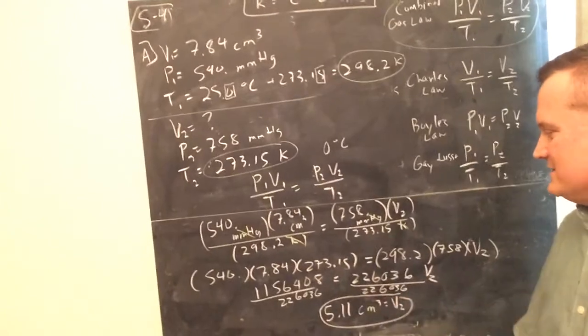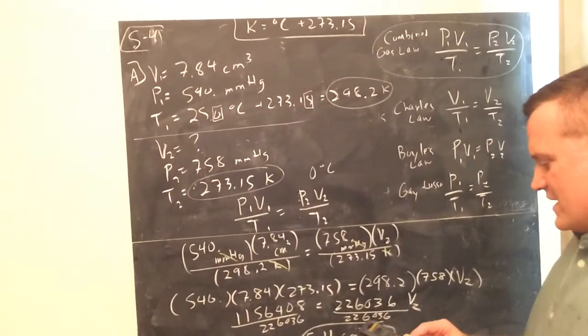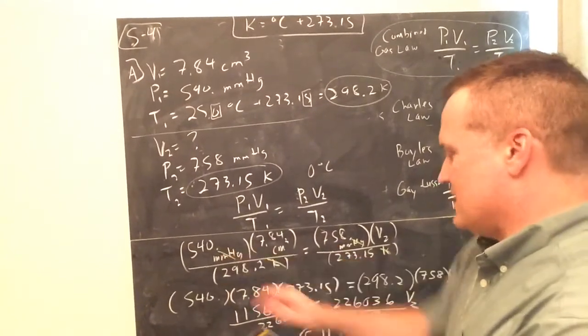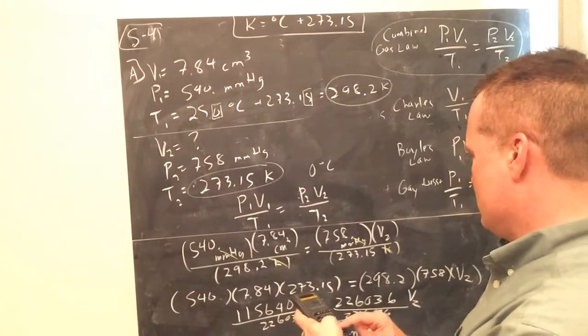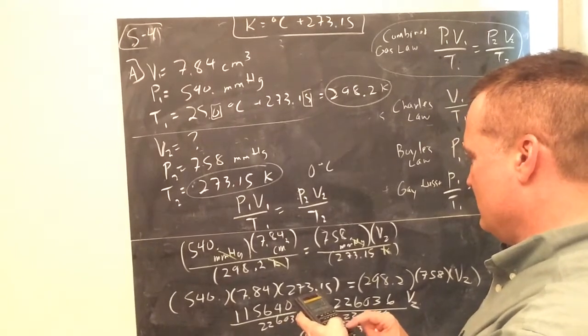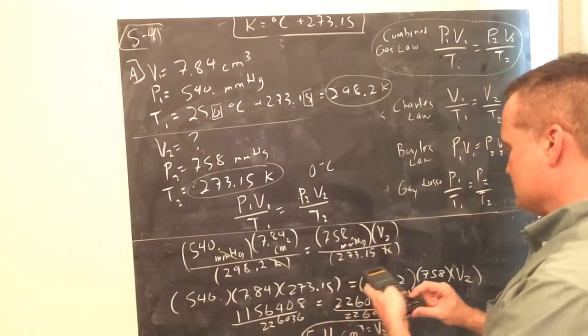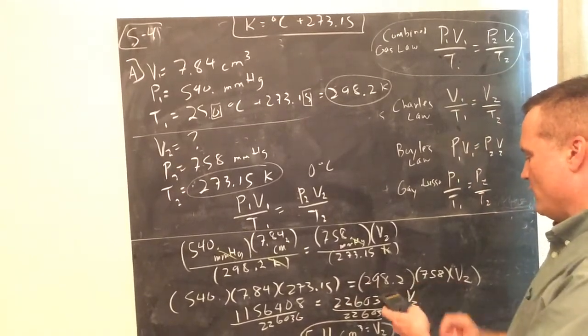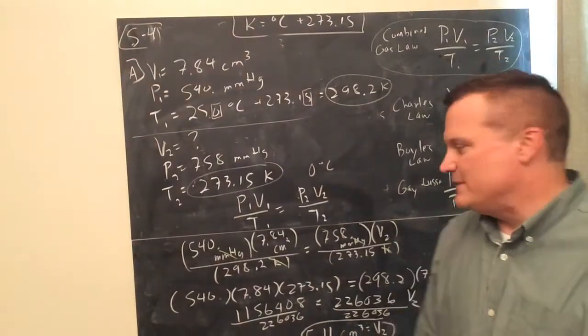All right. Now, let me just try it again. On my calculator, I would say 540 times 7.84 times 273.15 divided by 298.2 divided by 758. I'll get 5.12 when I leave it all in, but 5.11, 5.12 will be okay.